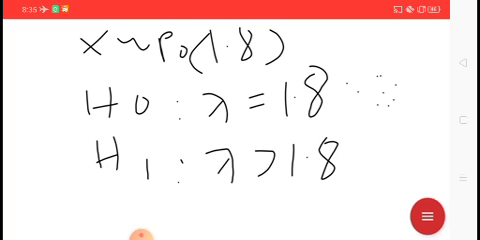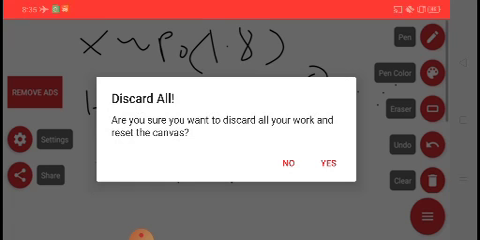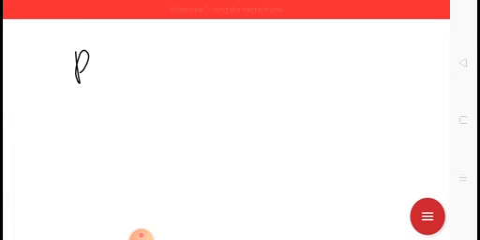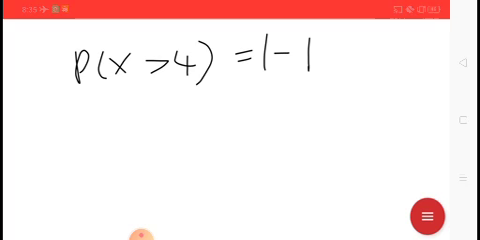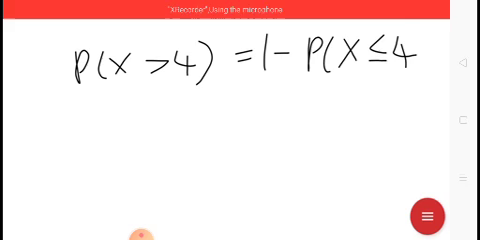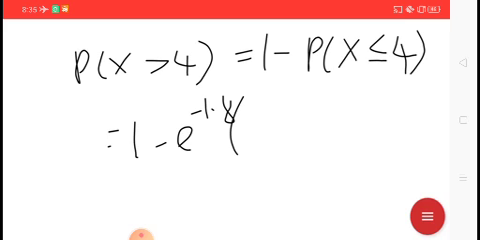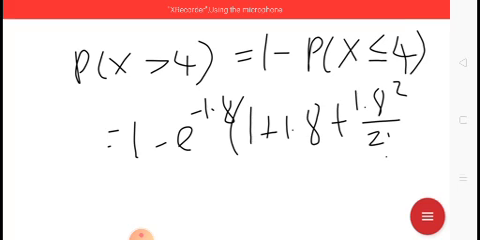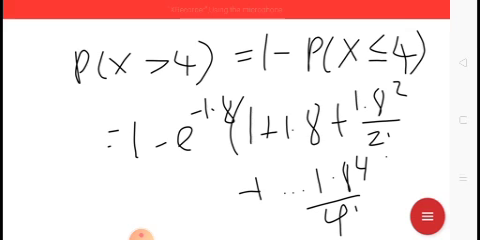So first we need to find the probability of X larger than 4, and you need to calculate the values, until 1.8 power of 4 factorial.